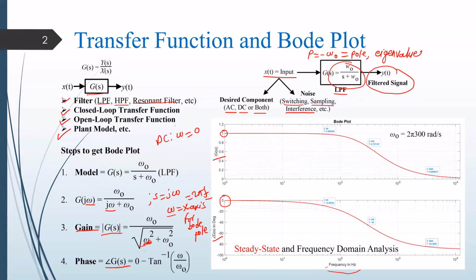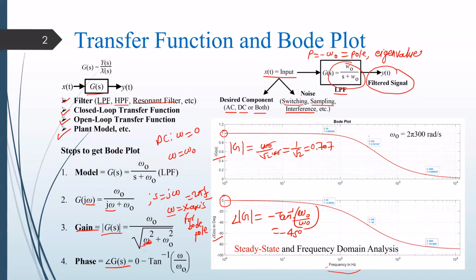And let us consider one example where omega is equal to omega naught. When omega is equal to omega naught, you can clearly see your gain value is omega naught over root 2 omega naught, and this becomes 1 over root 2, which is 0.707, and your phase value is minus tan inverse of omega naught over omega naught, and this is minus 45 degrees.